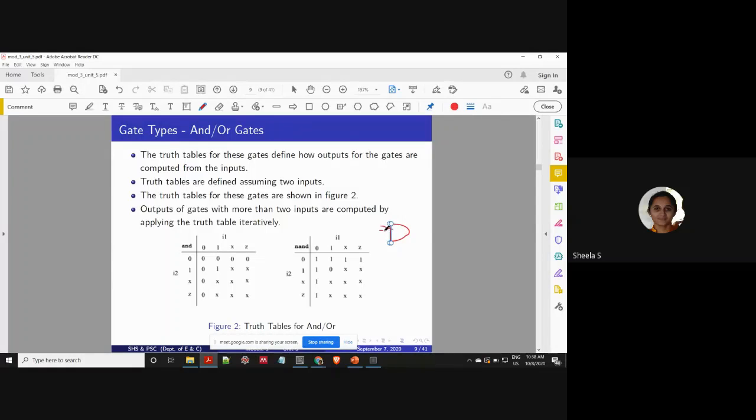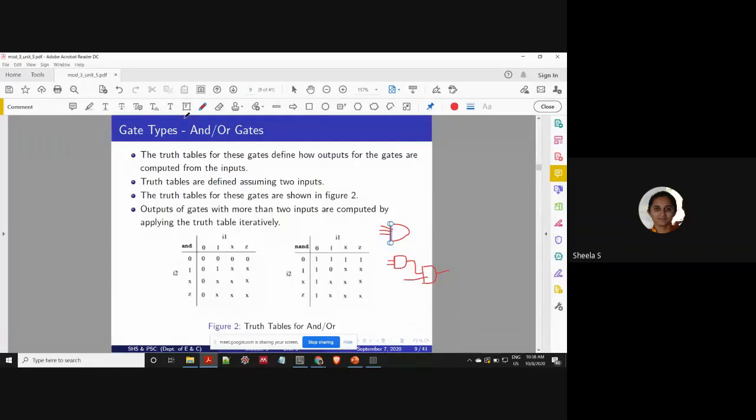In that case, first it is going to process two inputs A and B, and this output is taken as an input for another two input AND gate, and then it is going to process. Okay, so as a result, whatever rules apply for two inputs, according to this truth table, I will get the output here.